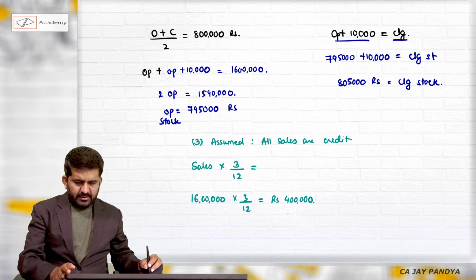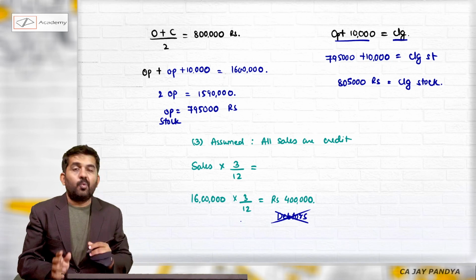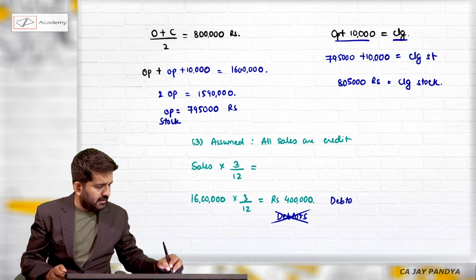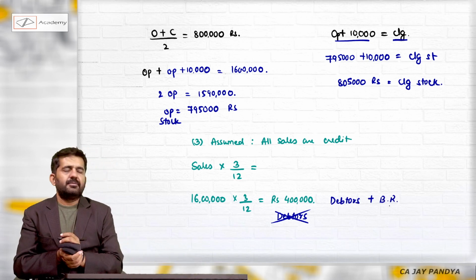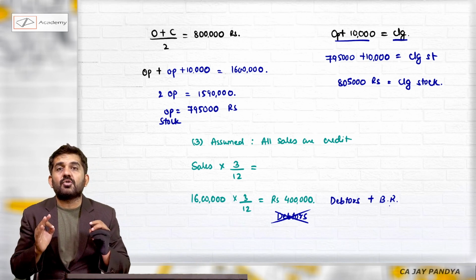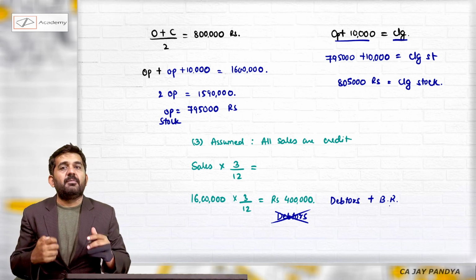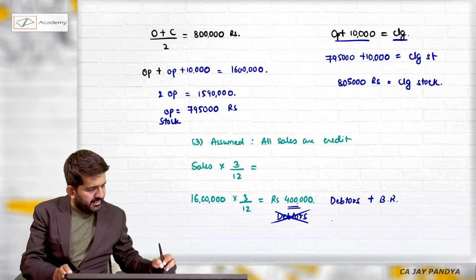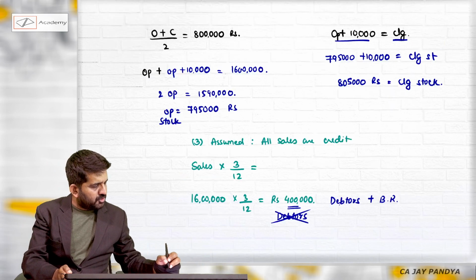So what is this? This is my debtors. No, they are not just my debtors. They are debtors plus bills receivable. Please understand, bills receivable are part of debtors. If you sign a bills receivable of 3 months, it will be calculated as debtors period. So this 4 lakh rupees is debtors plus bills receivable, and bills receivable amount is 25,000.